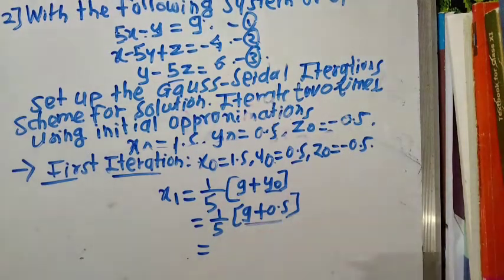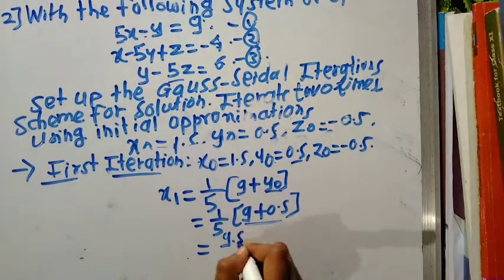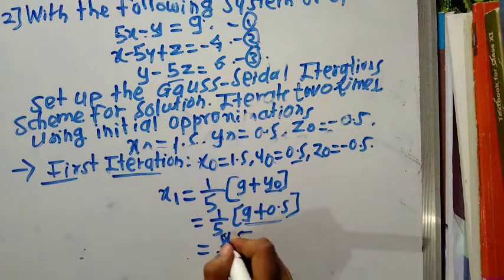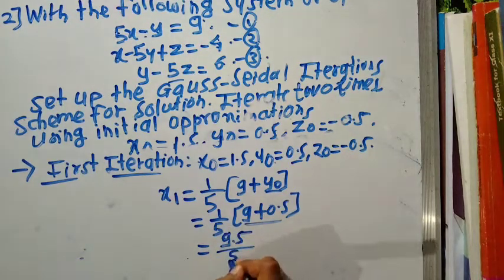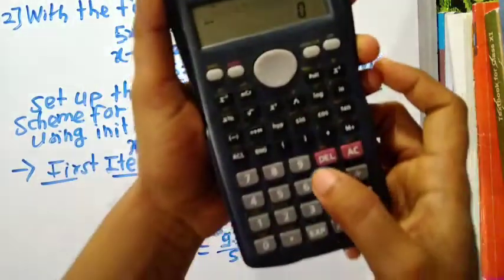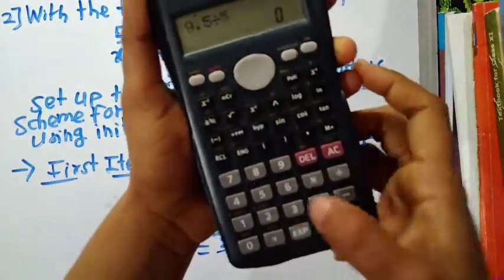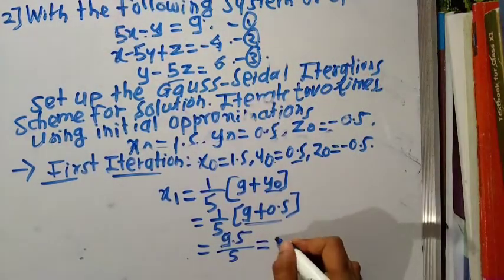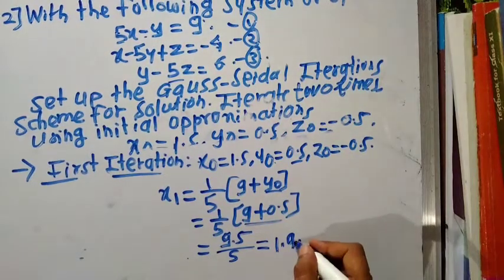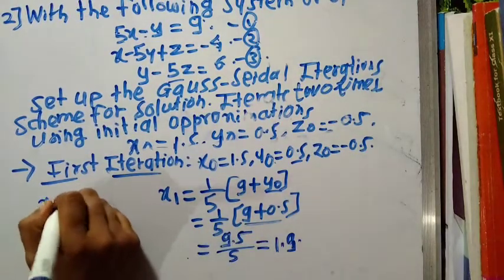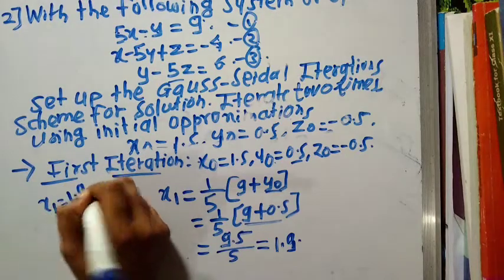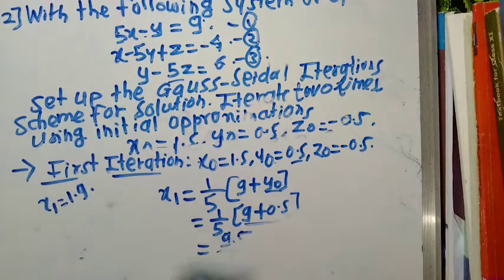Hence first find out this value. 9 plus 0.5 is 9.5 divided by 5, which is equal to 1.9. So x1 is 1.9.